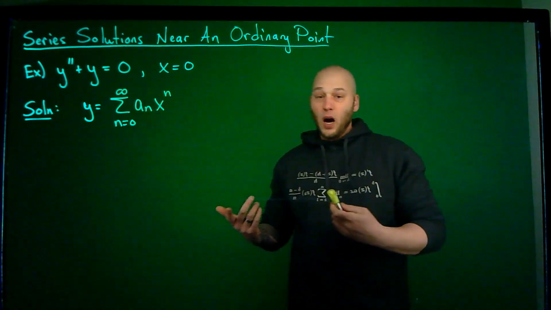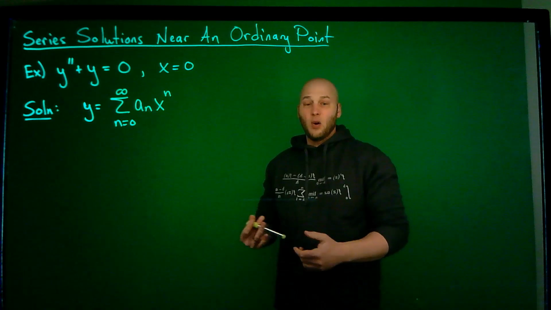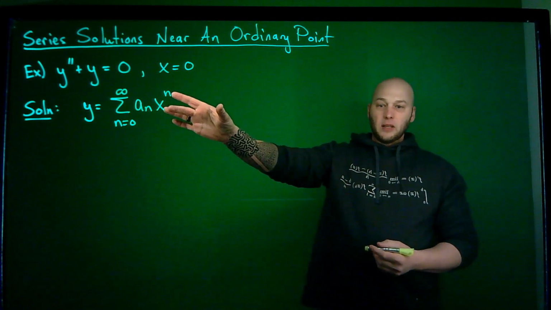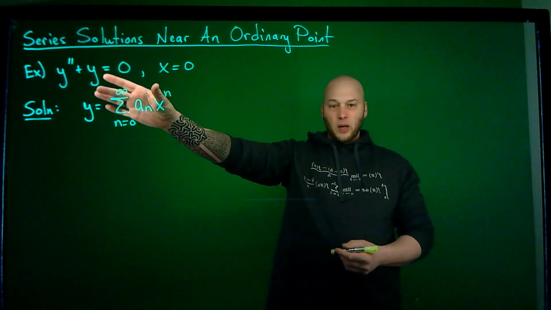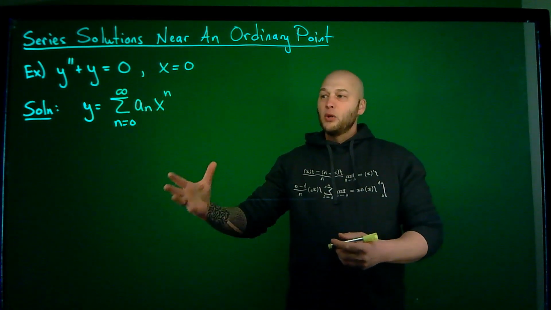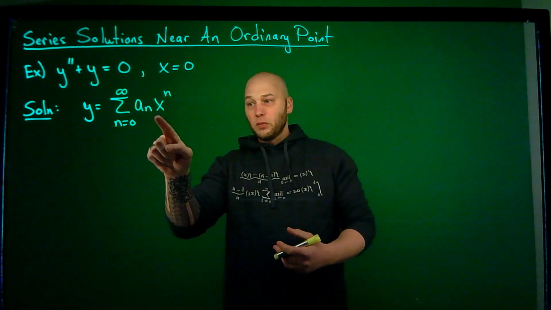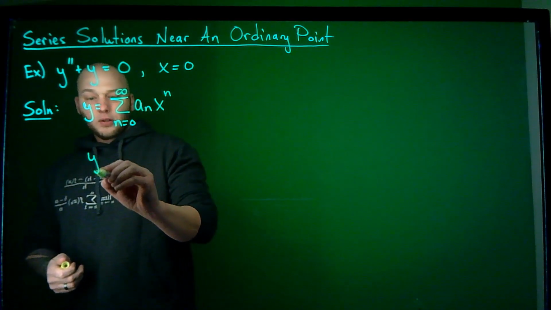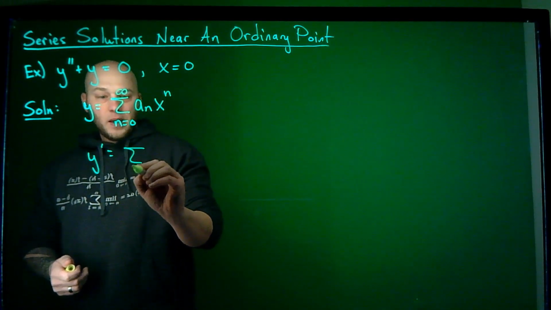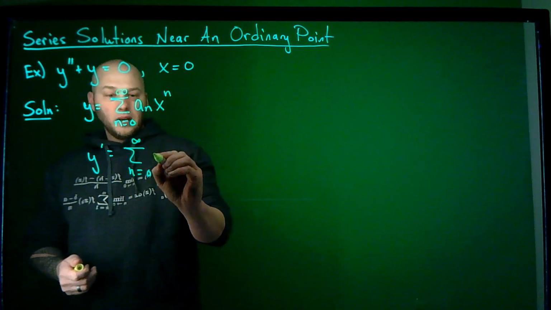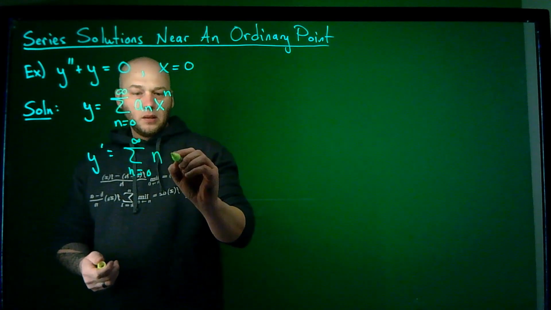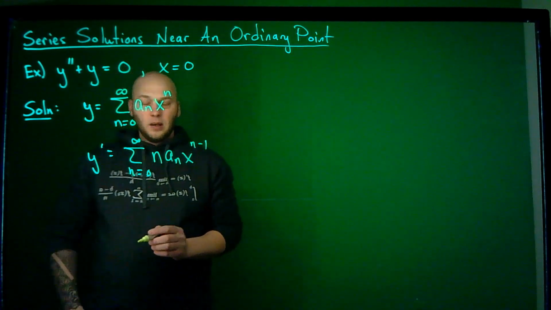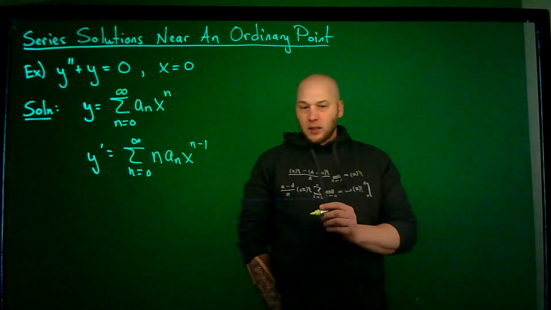Now, of course, what's unknown for this series is the coefficients. Here's the idea. I'm going to take this series, plug it into the differential equation, and do some algebra to come up with a formula that gives me the coefficients. Here's how this works. The first derivative would be the sum n equal to 0 to infinity, just using the power rule on this series, I get the expression n a n x to the n minus 1.